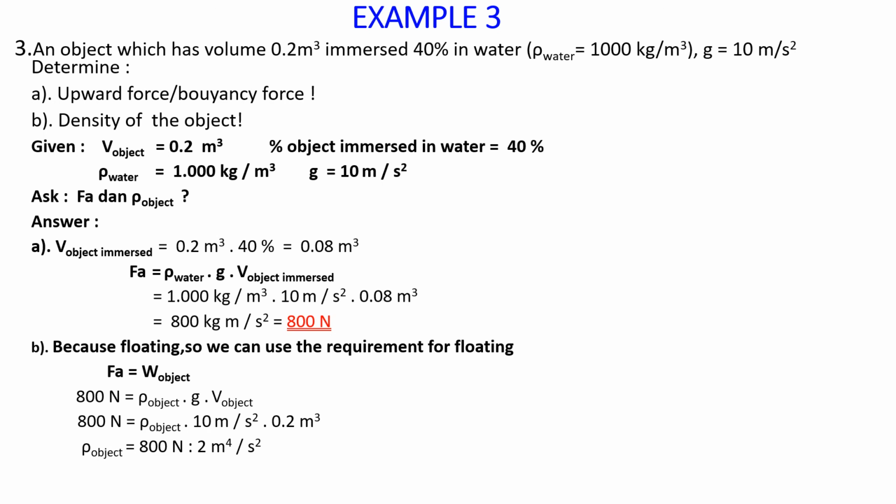So density object equals 800 Newton divided by 2 meter to the power of 4 over second square. So magnitude of density object equals 400 kg per meter cube.